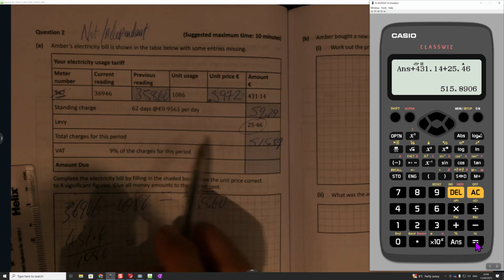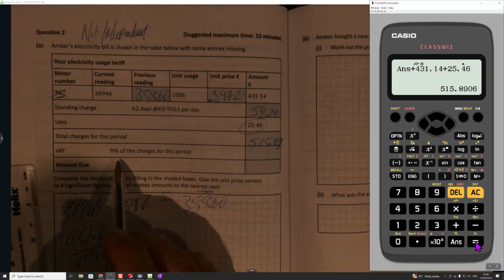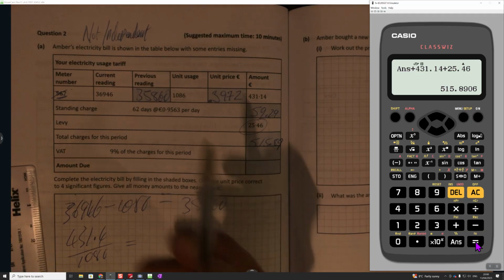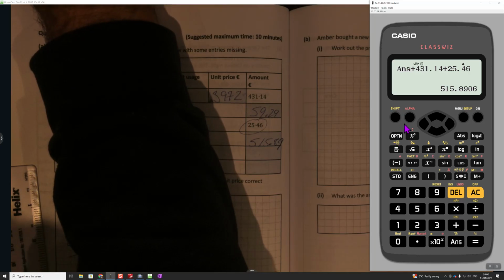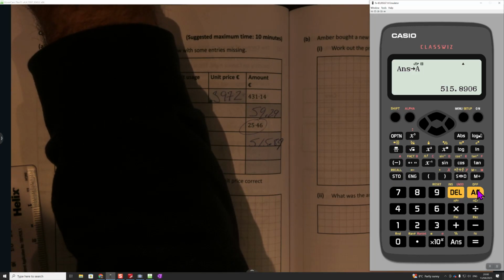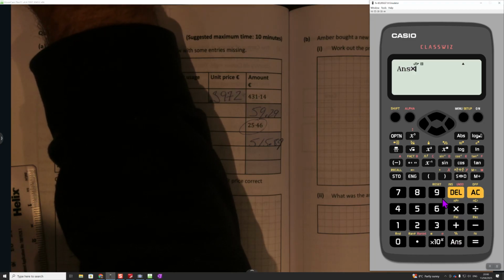Now that was the total before VAT, so I'm going to add on 9% to that. Now I'm just going to do some other things here. I'm going to store that value to A, so I don't have to type it in again. And I'm going to take that answer and multiply it by 9%.